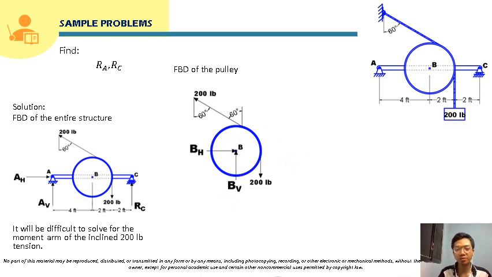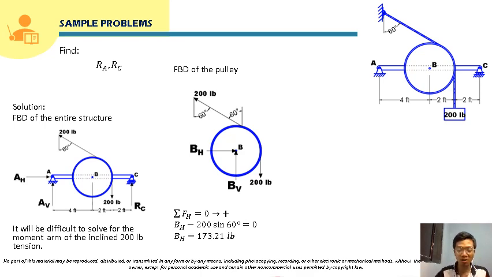Since we have two unknowns, BH and BV, only two equations are needed. So we can use summation of forces horizontal equal to 0 and summation of forces vertical equal to 0. I think there is no need to use the moment equation here.